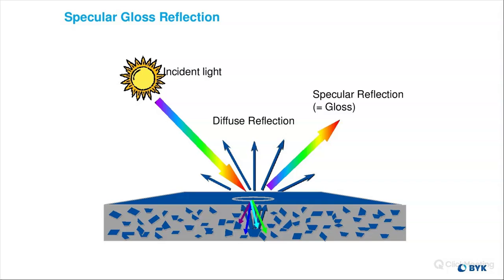That white light is now being absorbed into the surface and interacting with those pigments. And what we're getting also is a diffuse reflection, and that's giving us our visible color. In this case, the visible color is blue. And on the same but opposite angle of incidence, we have what is referred to as specular reflection, and that's our gloss.